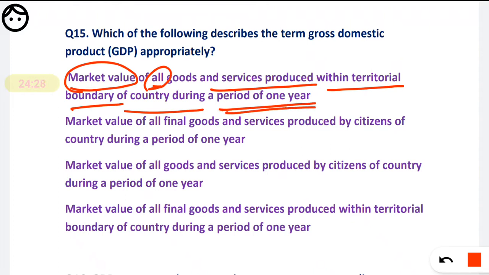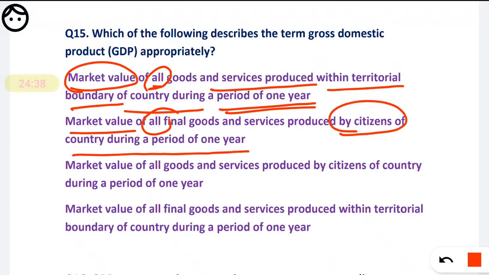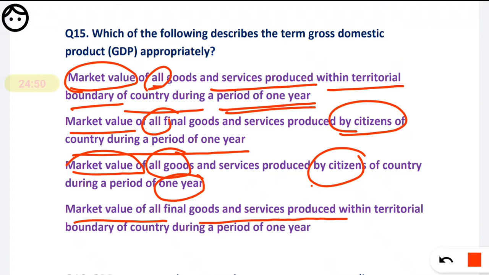Next, the market value of all final goods and services produced by citizens of a country during the period of 1 year. Next, market value of all goods and services produced by citizens of the country during the 1 year. And market value of all final goods and services produced within a territorial boundary during a period of 1 year.